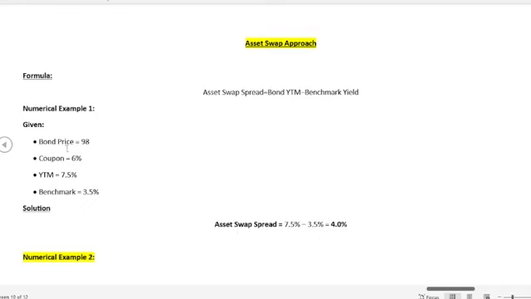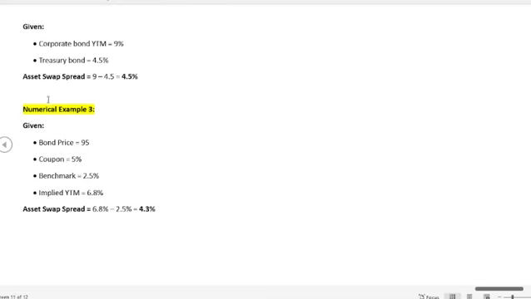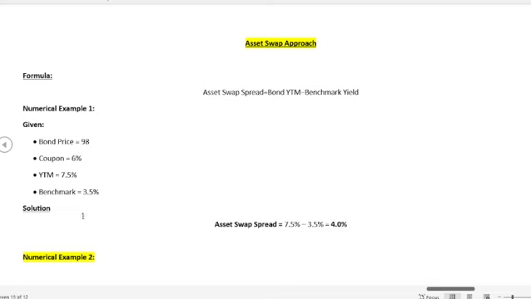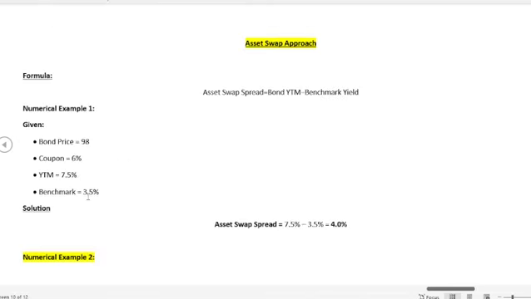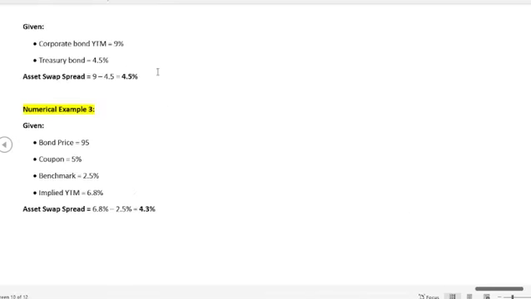The other two values are just given in the question to confuse you, so don't get confused by them. Same in part 2: a bond with YTM 9 and a treasury bond benchmark yield of 4.5, 9 minus 4.5 gives 4.5.